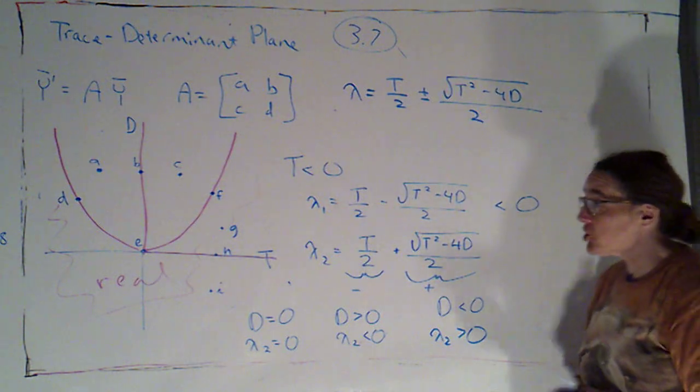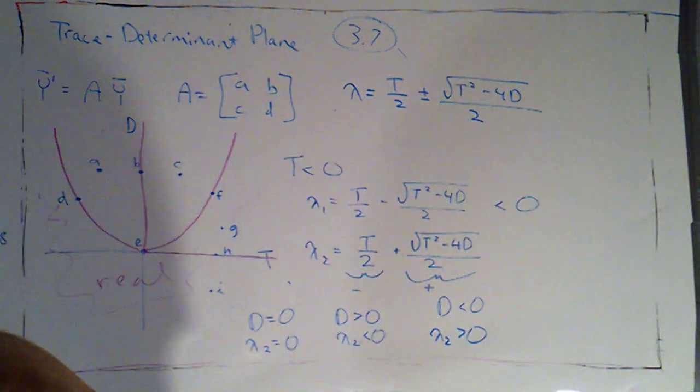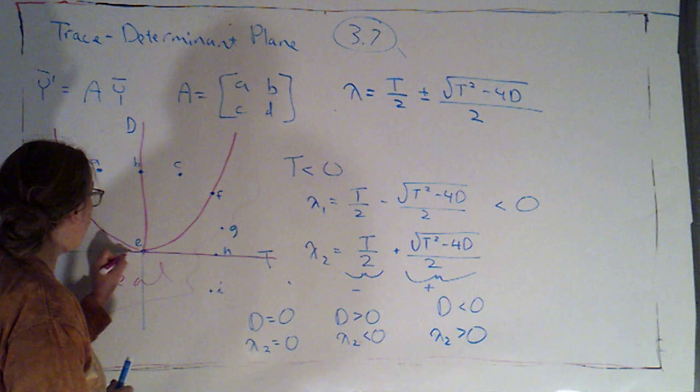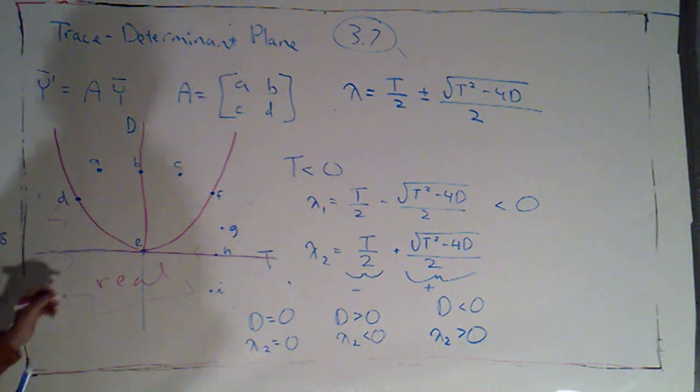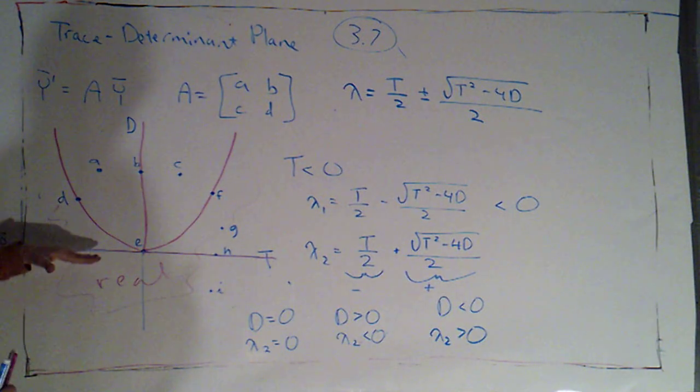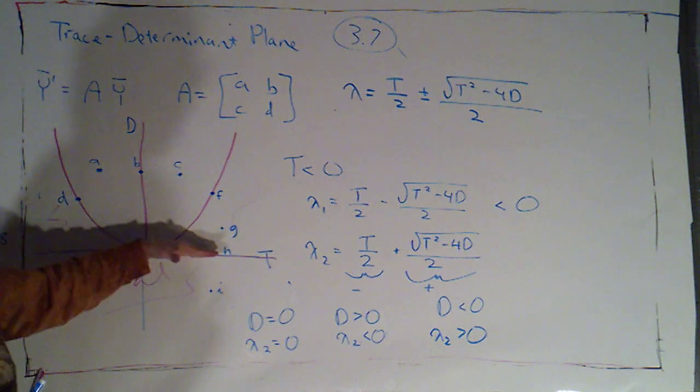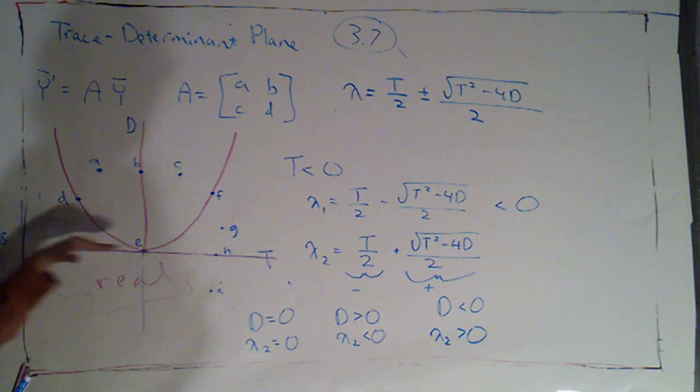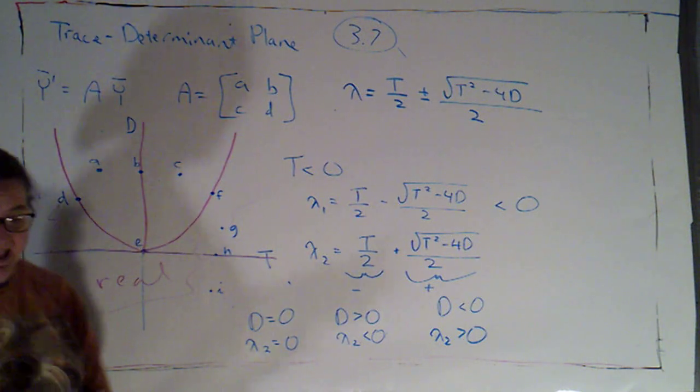So it does turn out that the T-axis here does get to be drawn in pink. This is so exciting. Okay, so the T-axis on both sides is a boundary between different types of behavior.